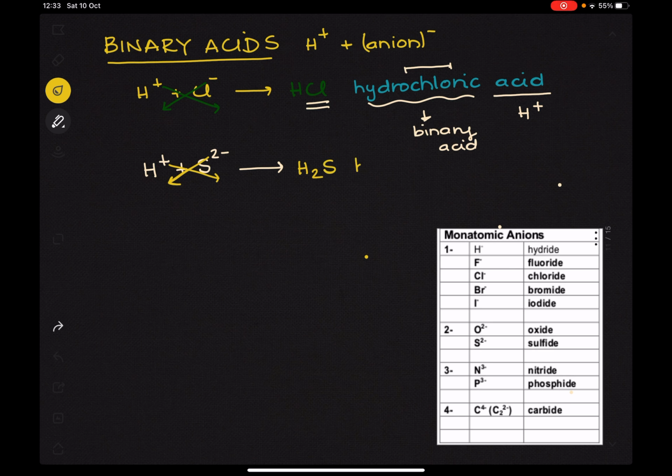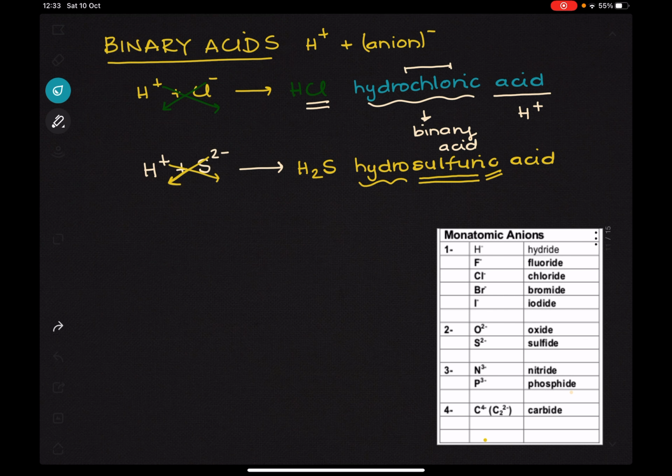And remember, it's the hydro, it's the sulfuric acid. Right? So hydro, because it's binary, the sulfur, because it's the element, the termination ic, and acid, because we have a hydrogen.